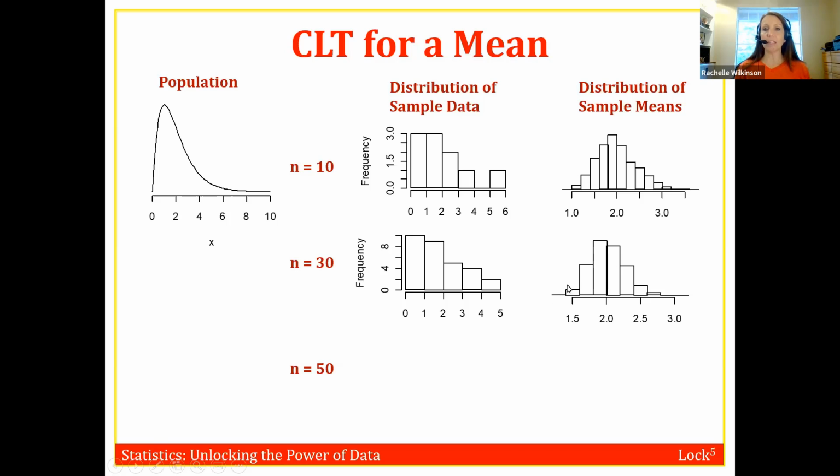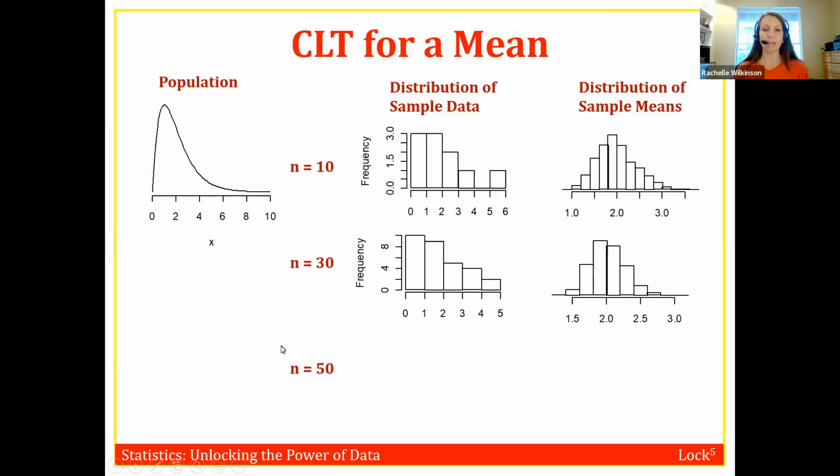So now we can see that this is really starting to look more like a bell-shaped symmetric distribution. It does seem like it's ever so slightly still skewed, but definitely less skewed than when we took samples of size 10, and a lot less skewed than our original population.